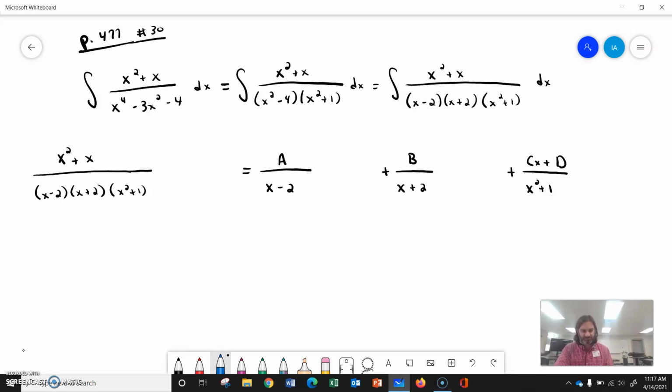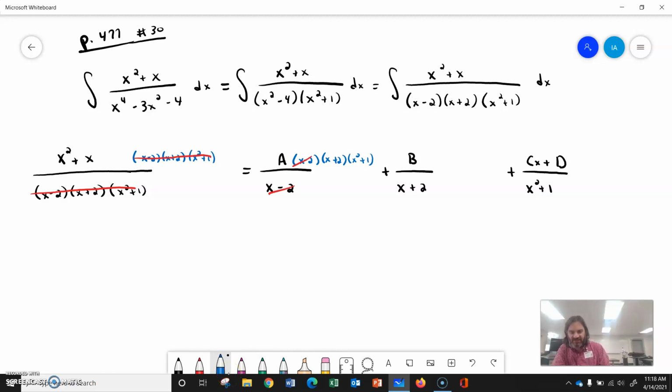So going through, we need to cancel things out. So we'll multiply by x minus 2, x plus 2, x squared plus 1, which we know over here on the left will cancel all of those out. That's good. So this one might take a little bit of time because we got to clean some stuff up. And then the first fraction, the a over x minus 2, we'll multiply by the same thing. And the x minus 2 will cancel out.